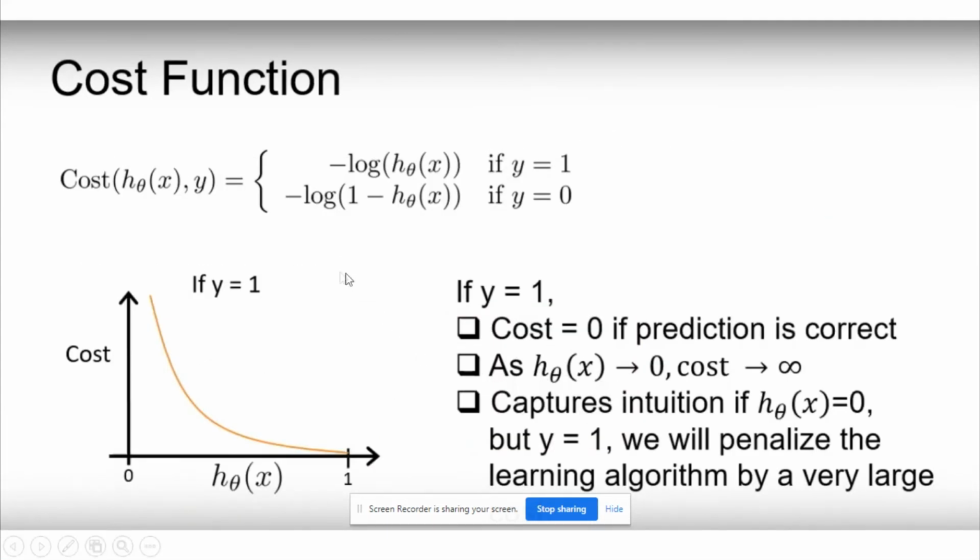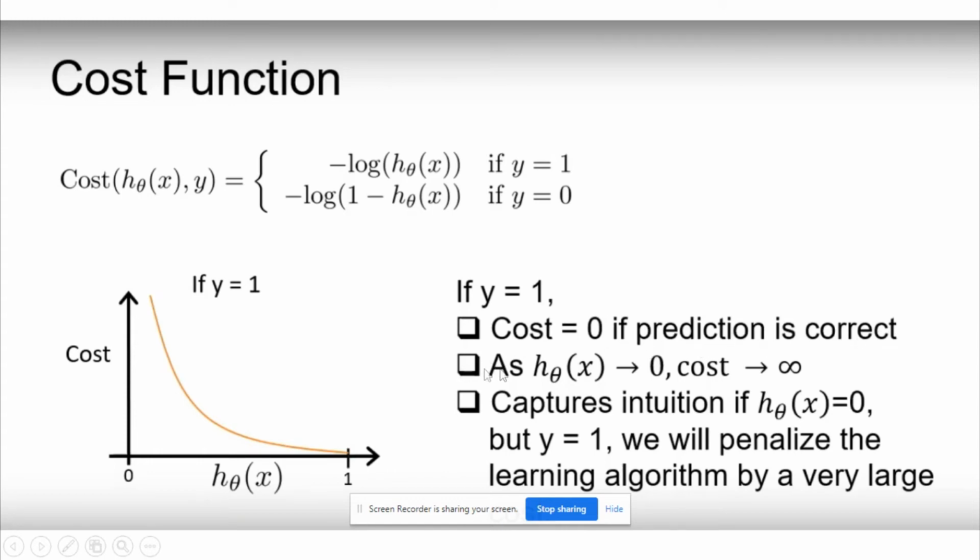For the first example, if y equal to 1, it represents negative log h(x). In this graph, you can see the value starting in the h(x). The starting point is 1 and the value of cost is higher. Cost equal to 0 if the prediction is correct.